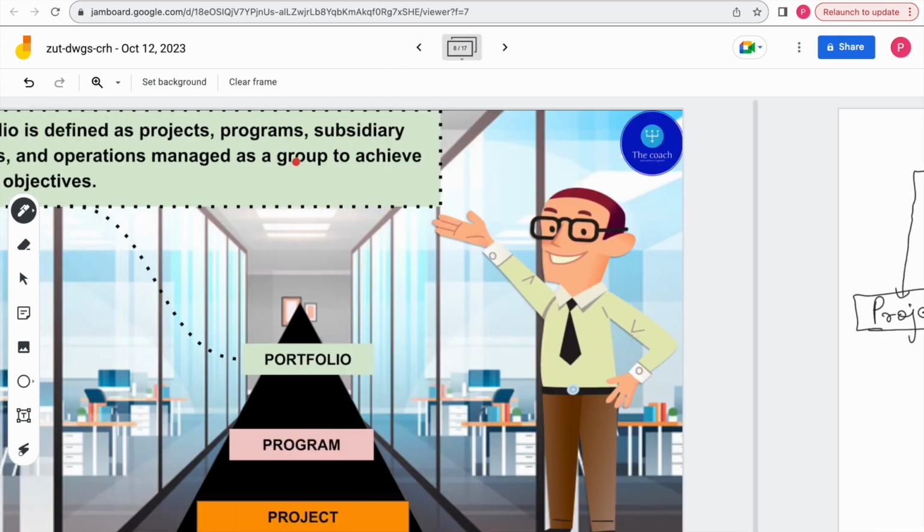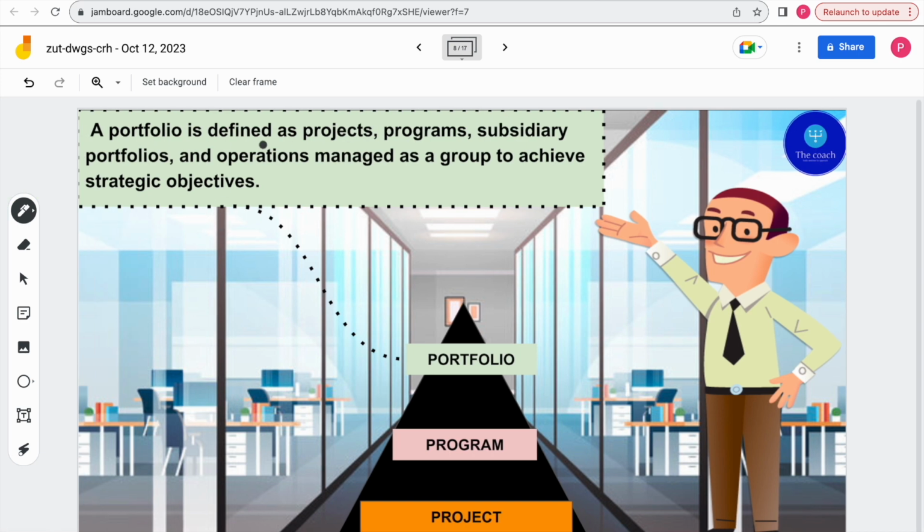So a portfolio manager manages projects, programs, subsidiary portfolios and operations as a group to achieve the strategic objective, to achieve the bigger business goal, or to give a bigger picture to the projects, programs, portfolios and operations.